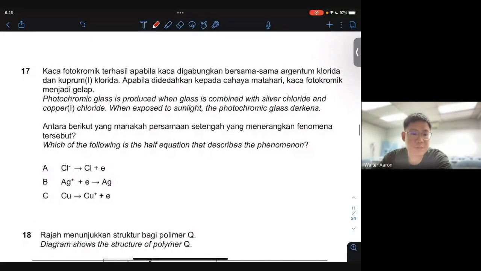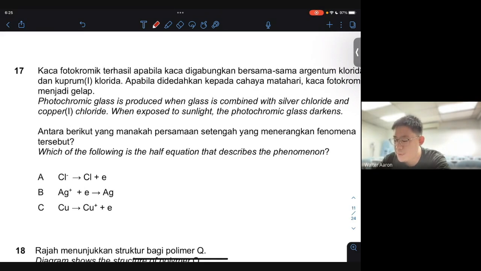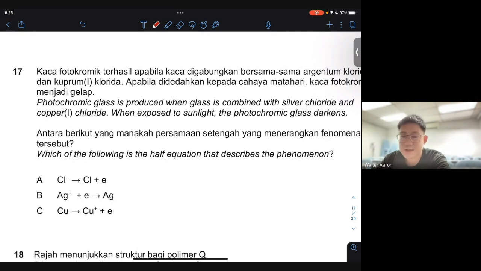For question number 17, photochromic glass is produced when glass is combined with silver chloride and copper 1 chloride. When exposed to sunlight, the photochromic glass darkens. Which of the following is the half equation that describes this phenomenon? In this phenomenon, silver ions accept electrons to form silver atoms.